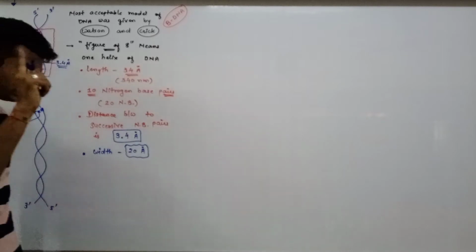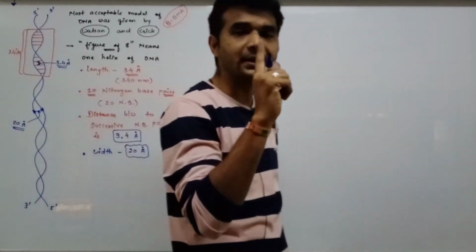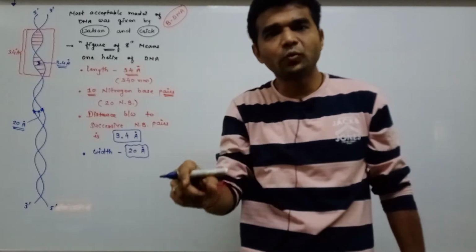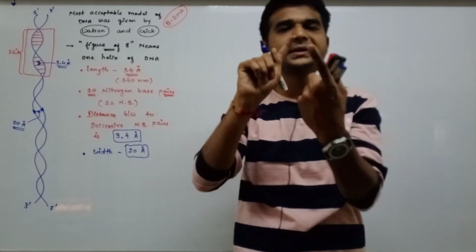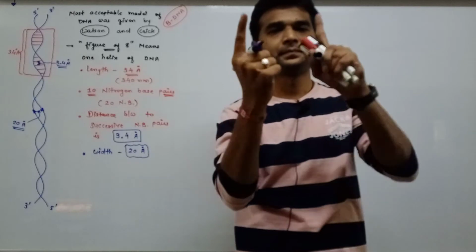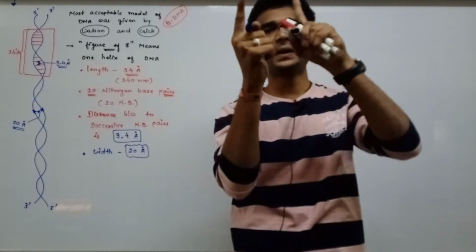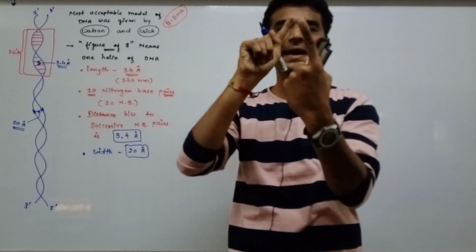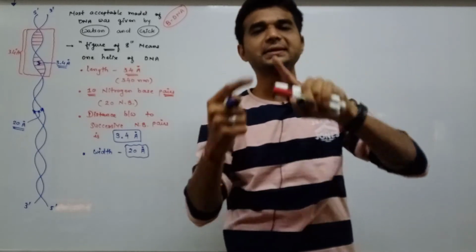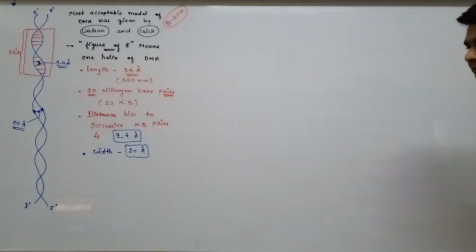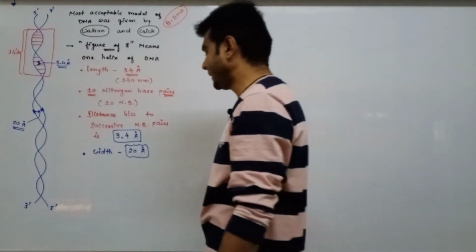Dear all students, pay attention here. The length of the DNA is whatever, but the width is the same. Yesterday you learned that the double helical strands are spirally attached together, so the width is the same along the whole length of the DNA. So width is 20 angstrom.